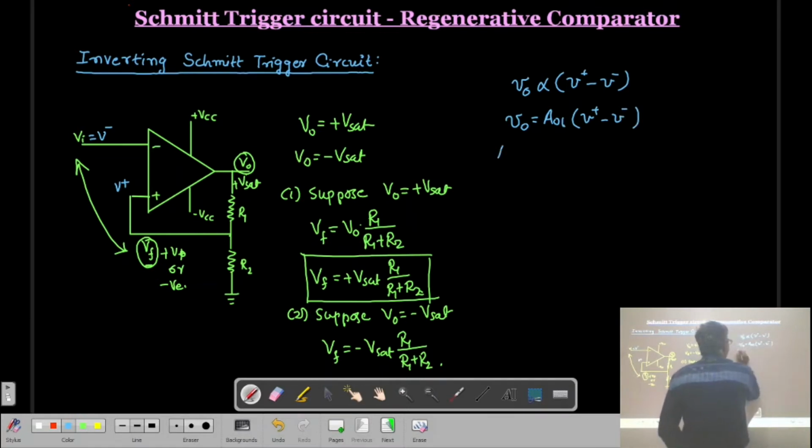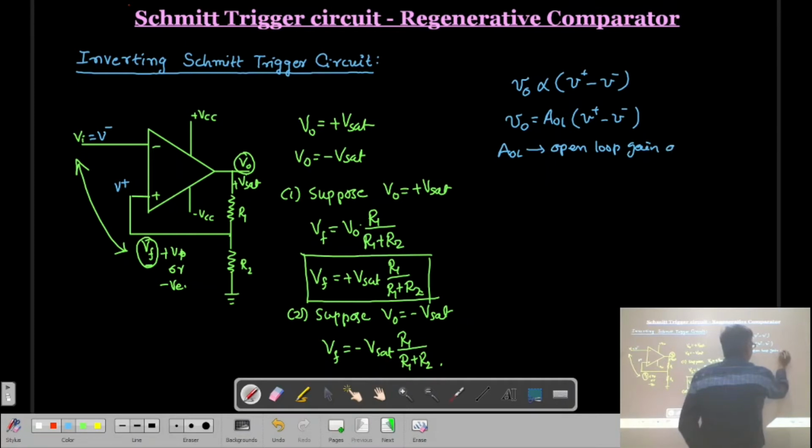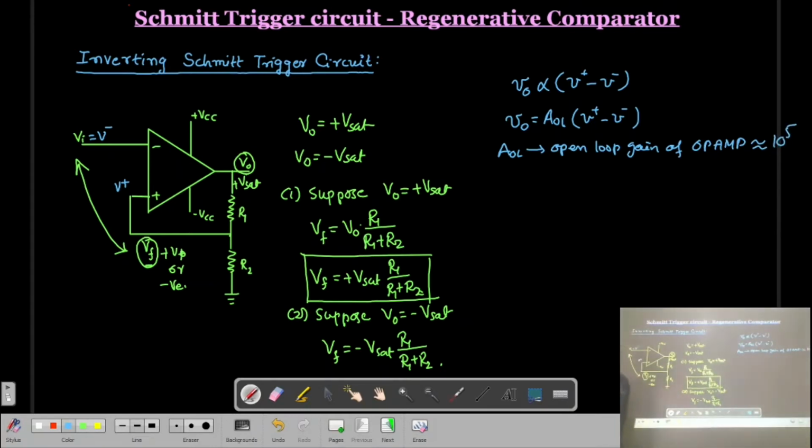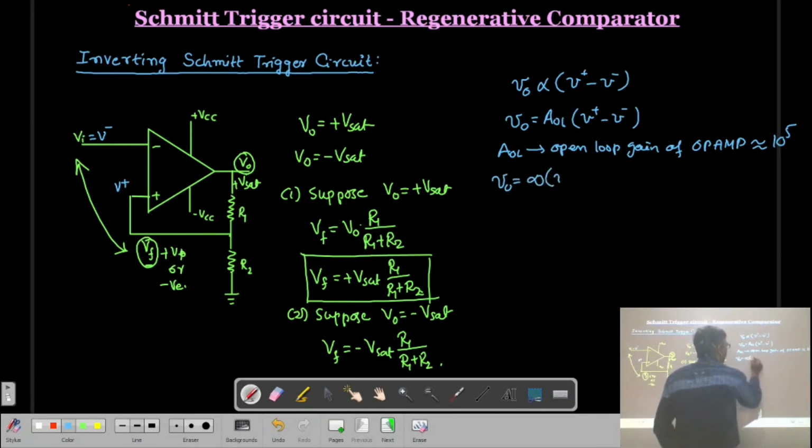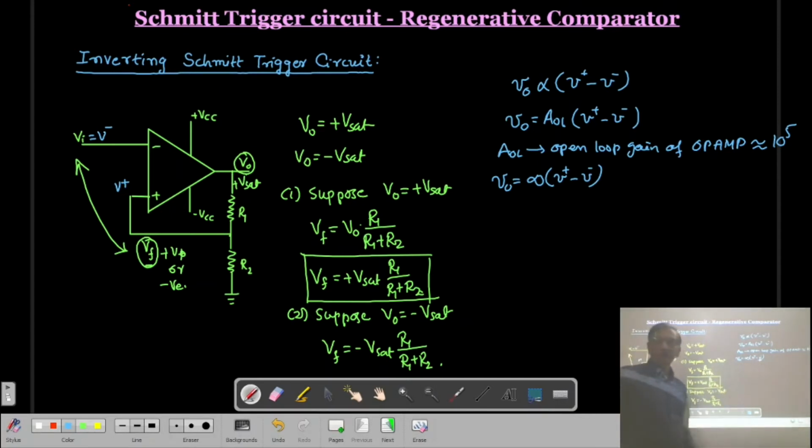Remember, AOL is the open loop gain of the op-amp, and normally it is very high, 10⁵ to 10⁶. If you consider an ideal op-amp, then the output voltage will be infinite into (V plus minus V minus).